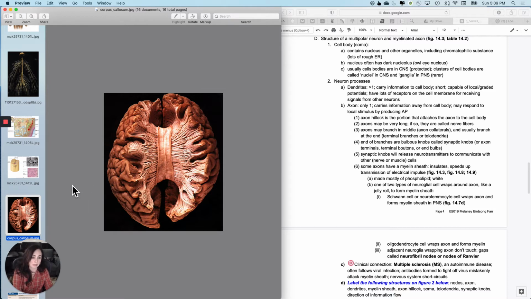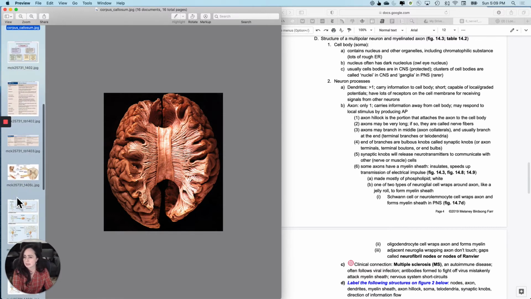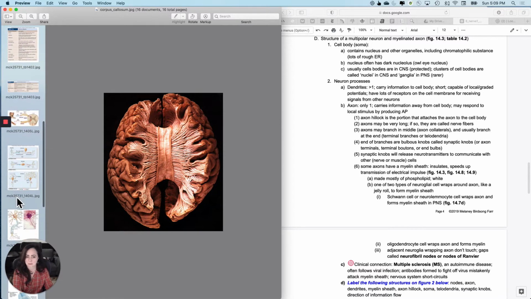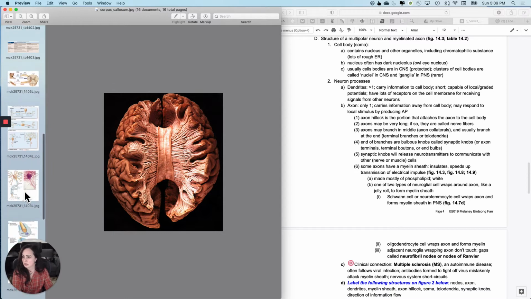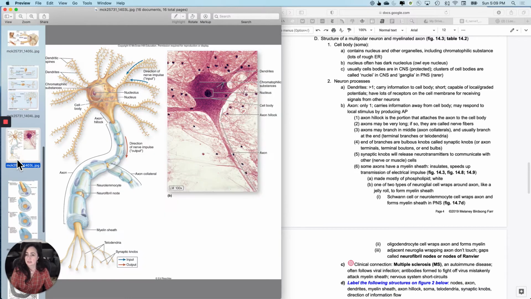Let me show you how myelin is actually made. When you take an axon and you myelinate it, there are a couple of ways that you can do it. Let me show you one way. Notice that's what's wrapping around the axon. It kind of looks like sausage lengths here.